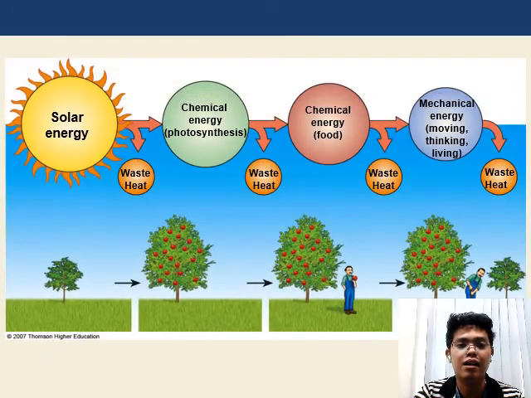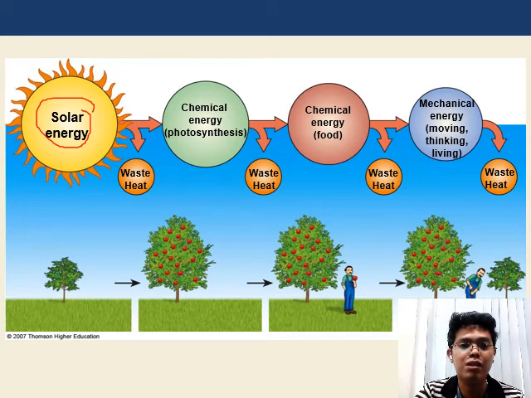This illustration shows the second law of thermodynamics in action in living systems. Each time energy changes from one form to another, some of the initial input of high quality energy is degraded. It becomes wasted heat, usually low quality heat, and is dispersed into the environment.